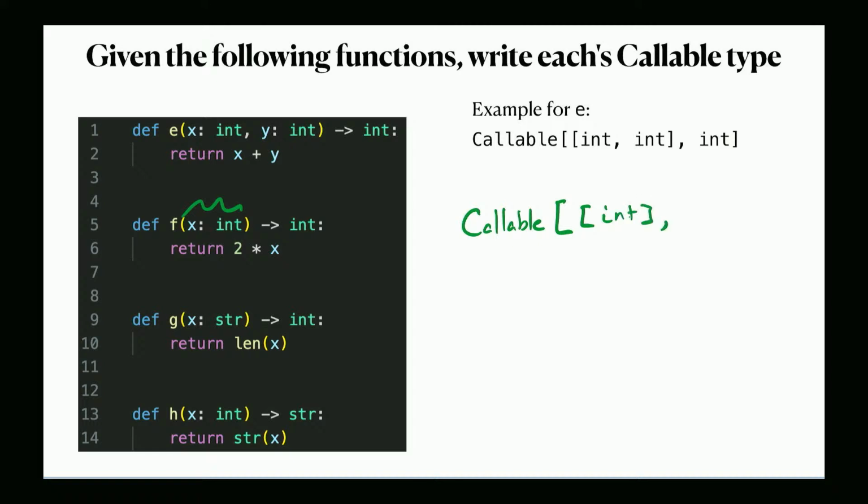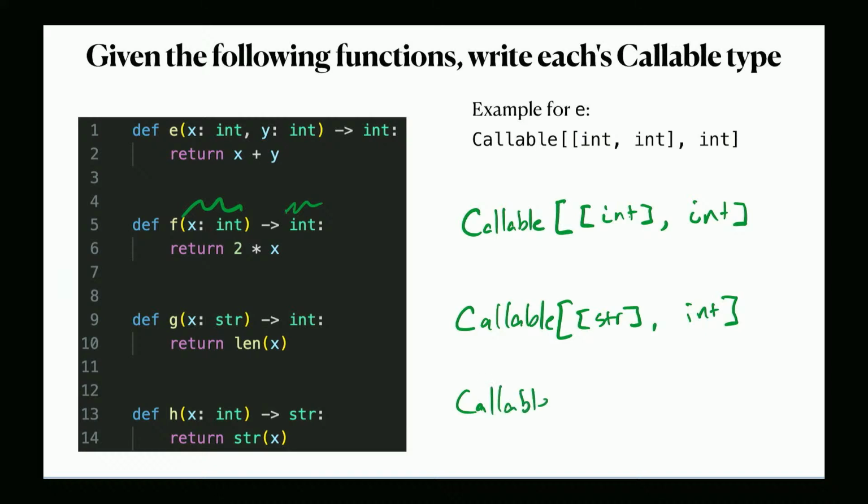And then that list of parameter types is followed by the return type, int. Similarly with G, callable, and then we see that its parameter type is str, and then it's followed by its return type, which is int. And last but not least, we have callable and int, and its return type is str. Right?